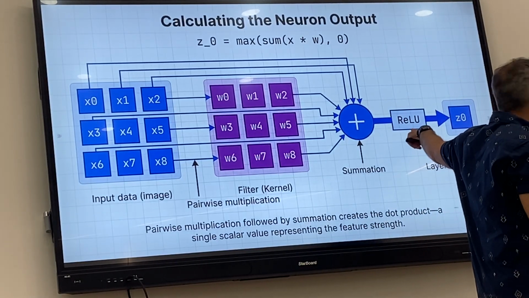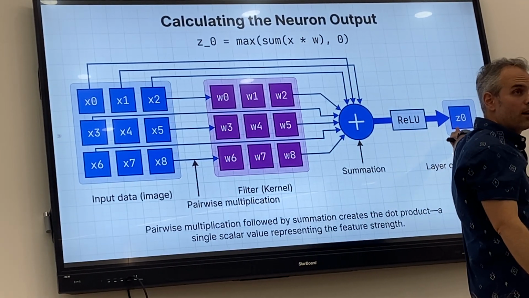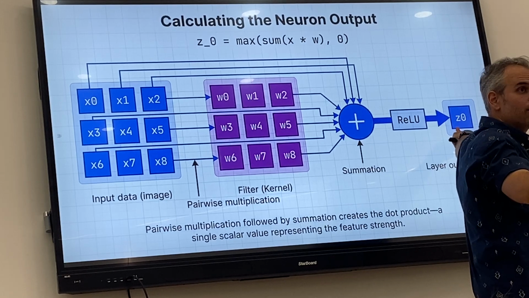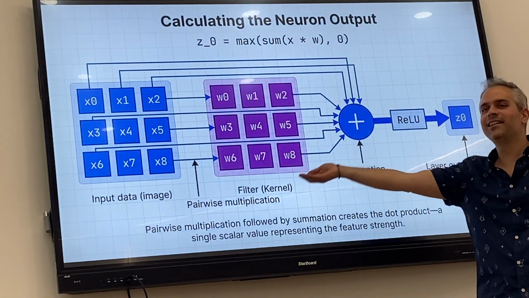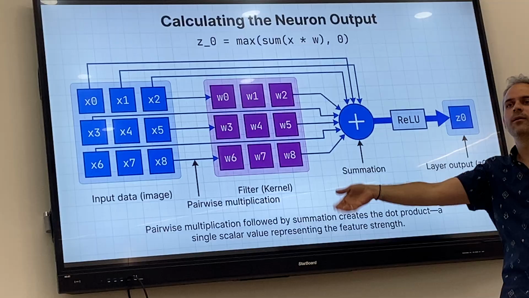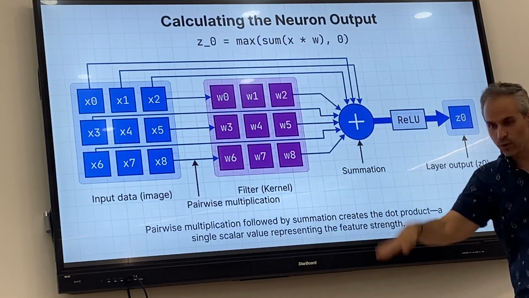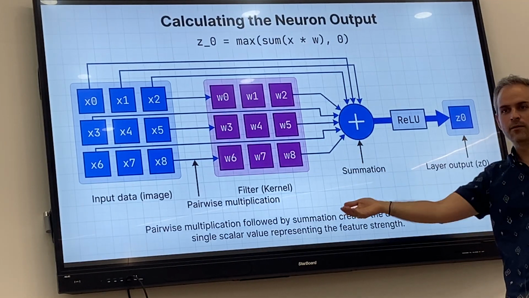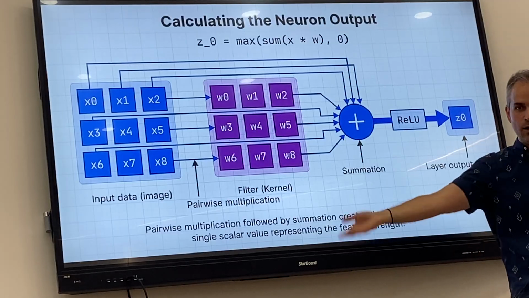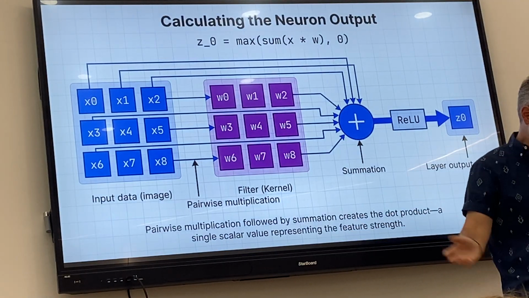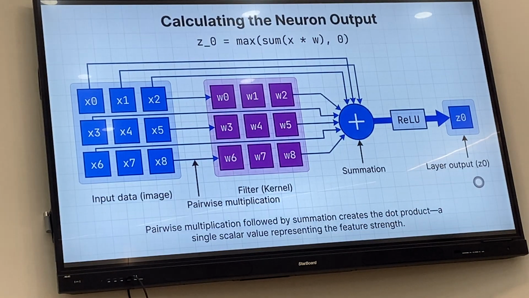Add it, apply ReLU, and you get another number, Z1. Slide it one more time to the right. One more time, then go down to the left. We are done with sliding this filter over the whole image. What do we get? A bunch of numbers: Z0, Z1, Z2, Z5, Z9.